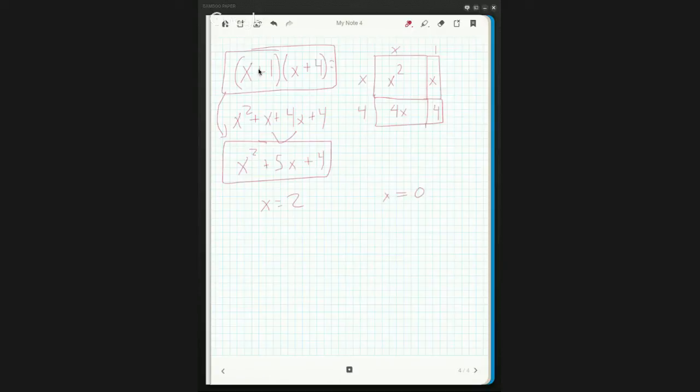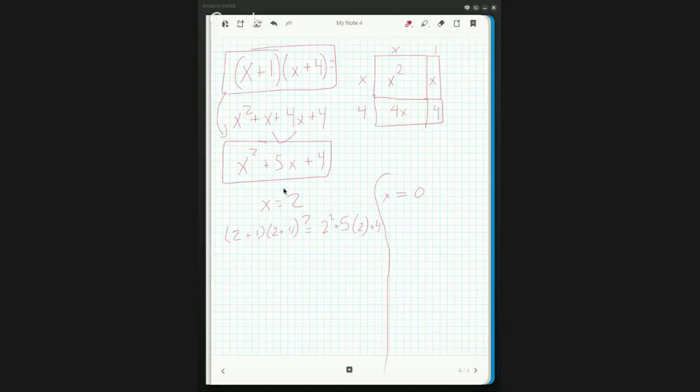So if x is 2, we'd have (2 plus 1) times (2 plus 4). And our question is, is that equal to 2 squared plus 5 times 2 plus 4?